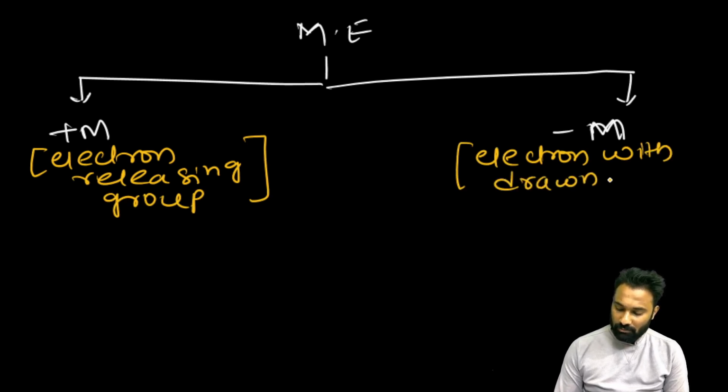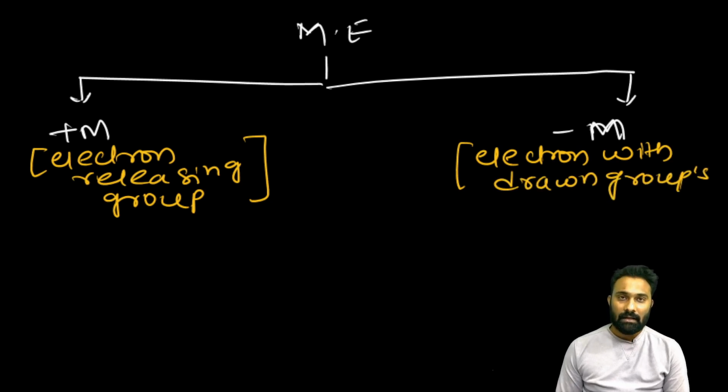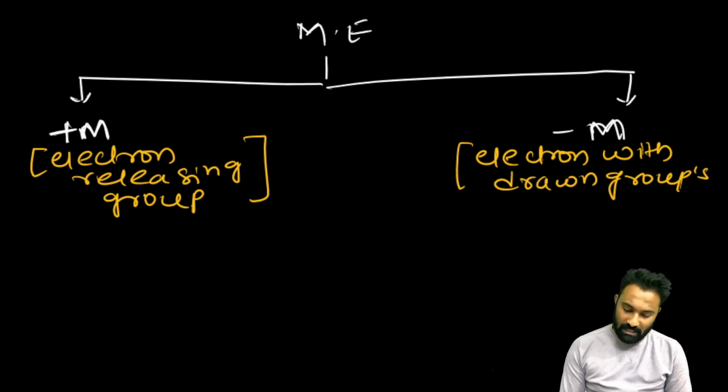Clear? Now for any given species, how to identify whether it is a plus M group or a minus M group? There is only one key point, and if you remember it, it is enough to identify whether the given species is plus M or minus M. Clear?